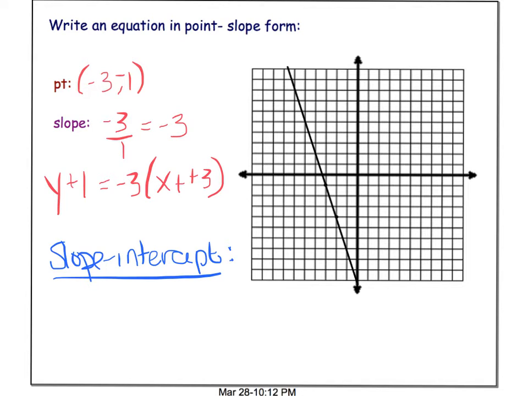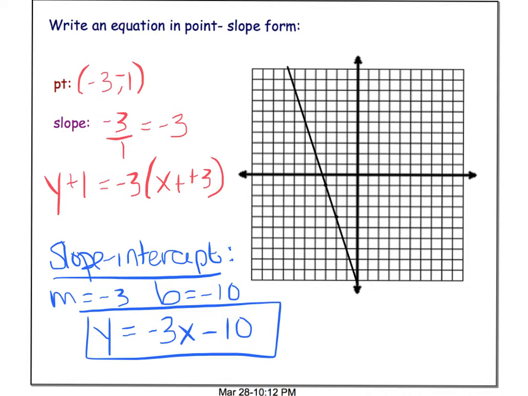So if I was using slope-intercept form, my slope is going to be the same. In this case, my y-intercept looks like -10. And it is. So writing it as y equals mx plus b. Well, are these the same line or not?